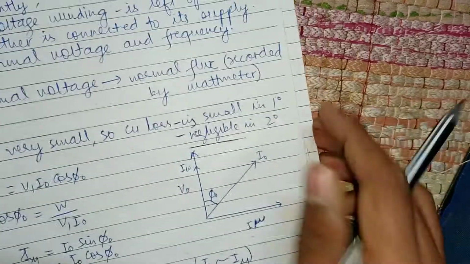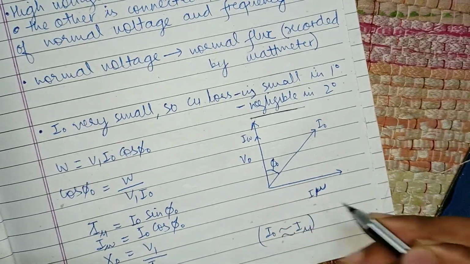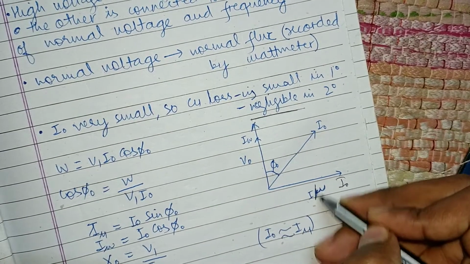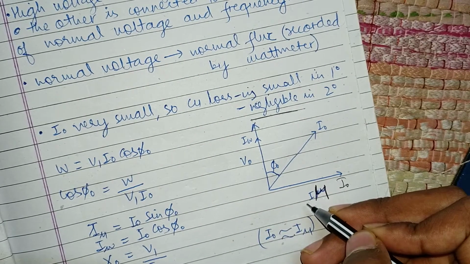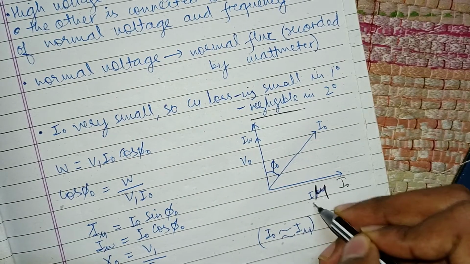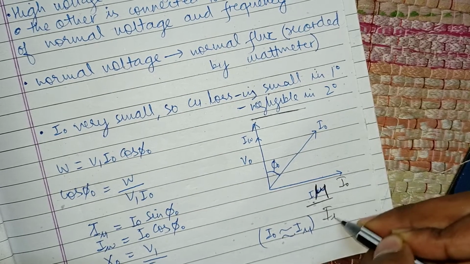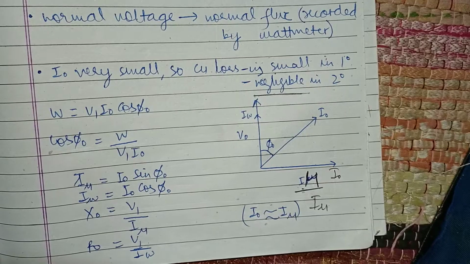Now we know this phasor diagram of voltage and current. This current is I mu.